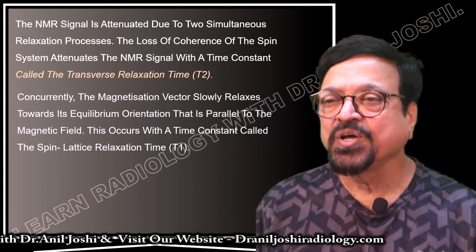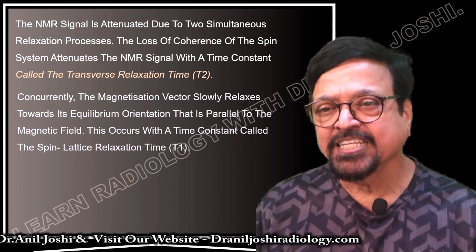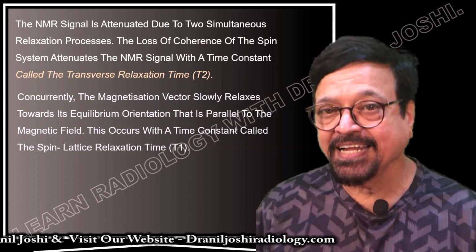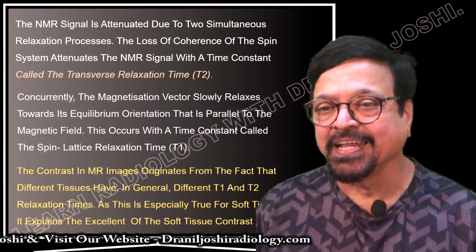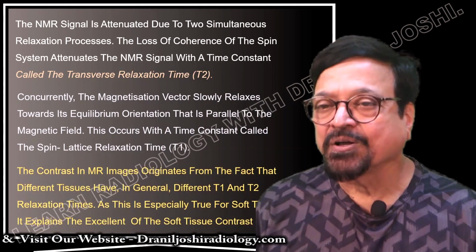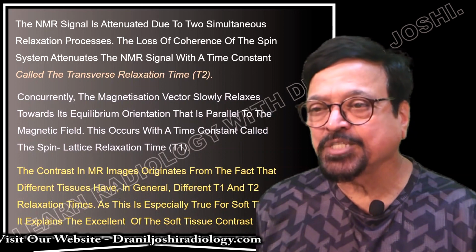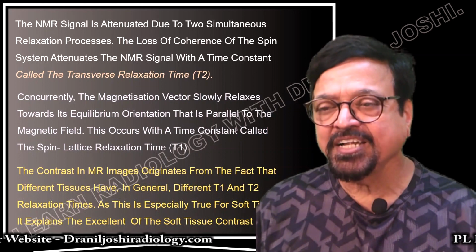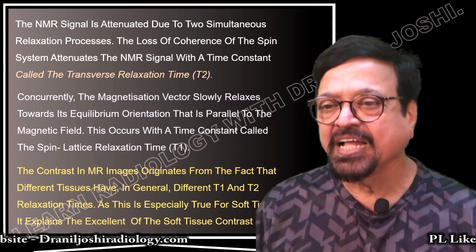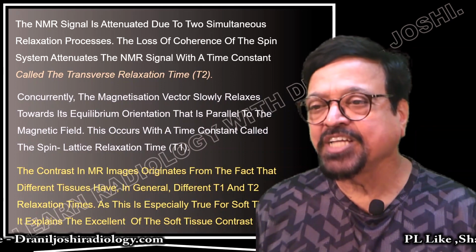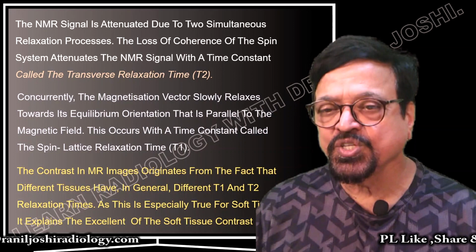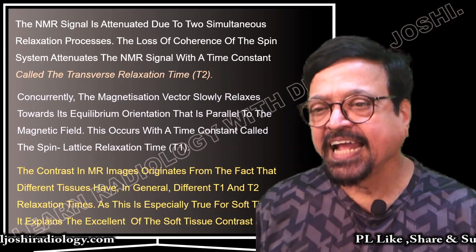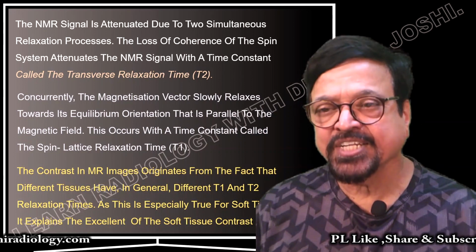This occurs with a time constant called the spin-lattice relaxation time, or T1. The contrast in MRI images originates from the fact that different tissues have, in general, different T1 and T2 relaxation times. As this is especially true for soft tissues, it explains the extent of the soft tissue contrast in MRI.